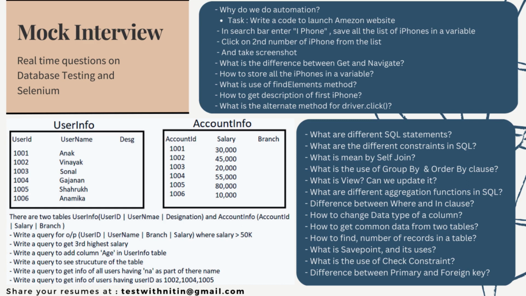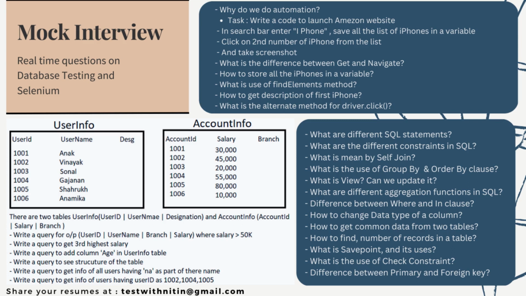So, as we searched for iPhone on Amazon, right? Yes, there was a list of elements which came as a result. If I want to store all the elements, how can you do that? Yes, sir.